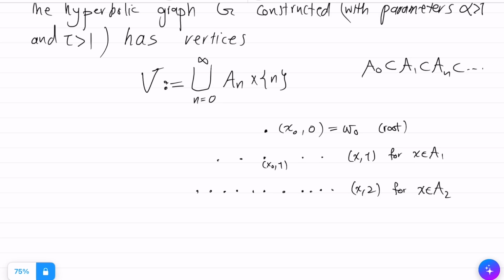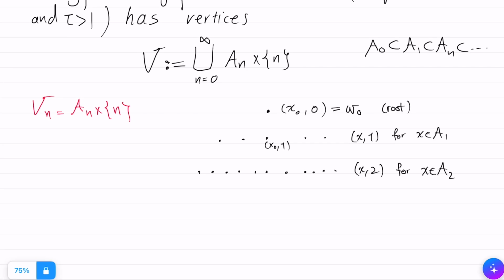In case later we need this notation, we can also set Vn to be vertices at level n, so just An cross n. So for edges, I already am cheating a little bit and putting this metric space that I had originally down here.